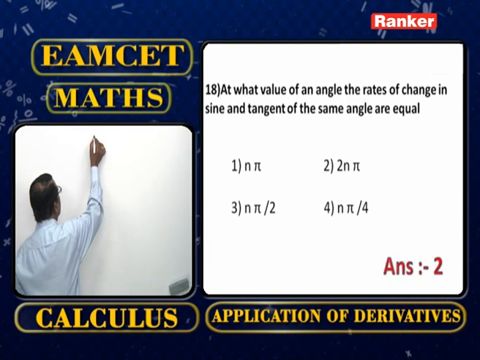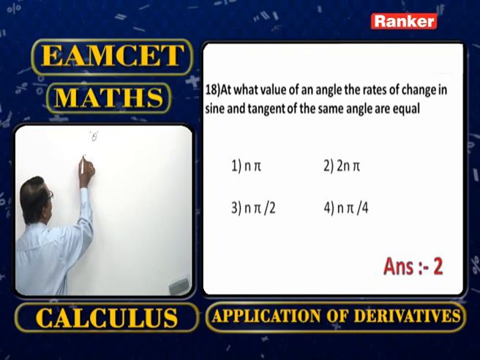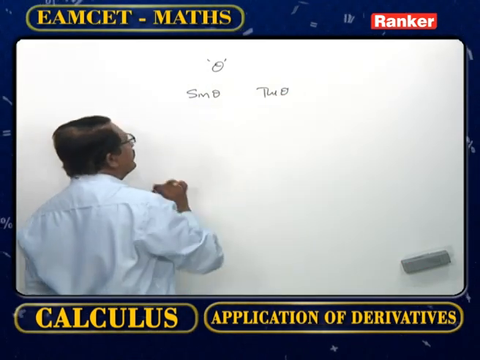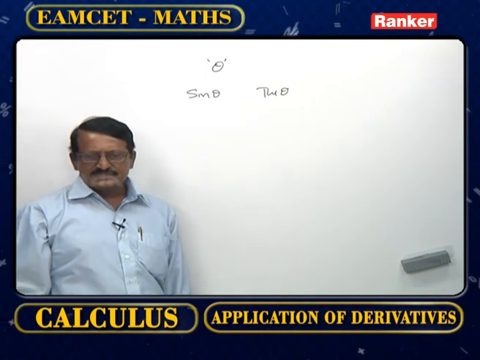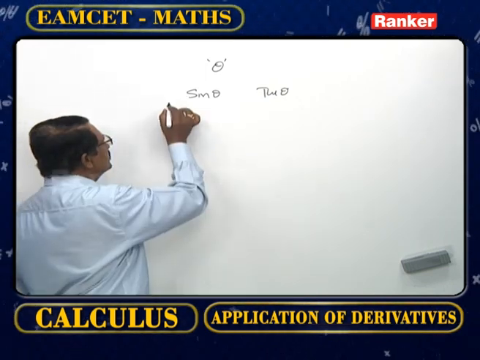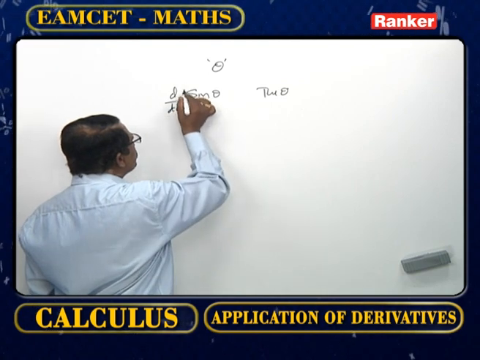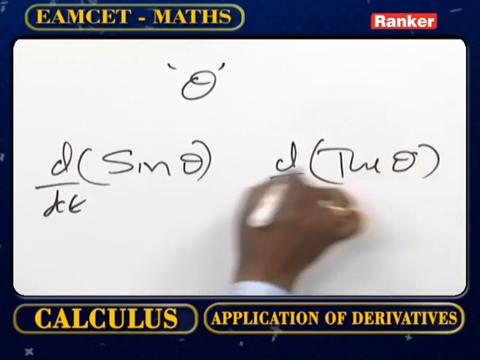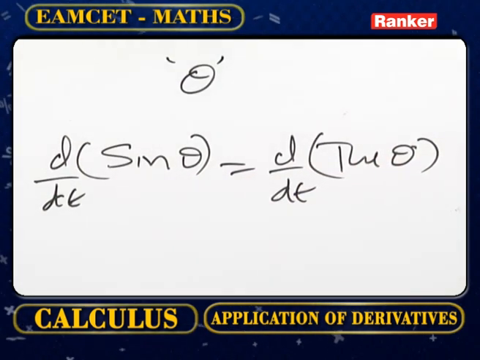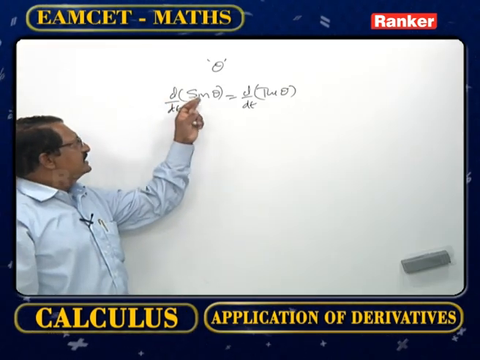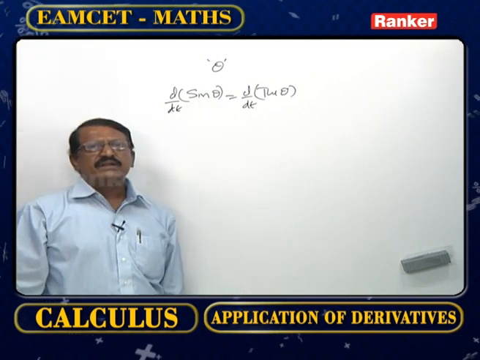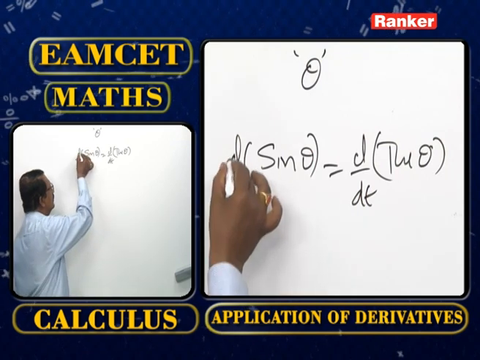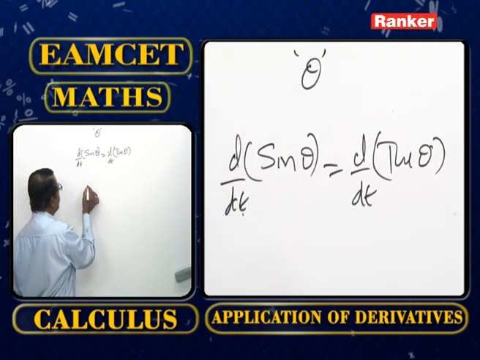Now suppose we consider the angle is theta, sine theta and tan theta both change at the same rate, meaning d by dt of sine theta equals d by dt of tan theta, but we require the theta value. The rate of change in sine of the angle equals the rate of change in tan of the angle, given in the problem.